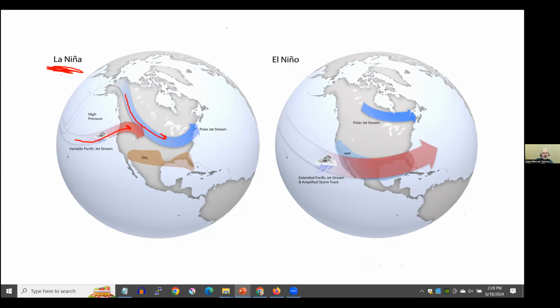I'm not going to go into details, but whenever this upper jet digs into the Northeast United States, you get a very cold winter in the Great Lakes region and in Eastern Canada. It gets really cold, right? But a lot of rainfall is associated with the jets, so you get very rainy conditions with La Nina. The rainy conditions are in parts of the Northwest United States.